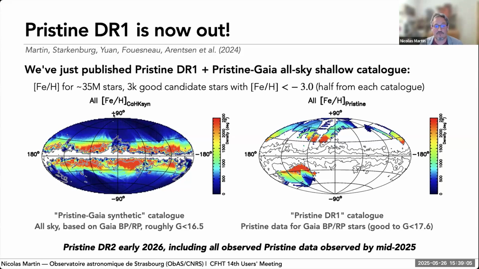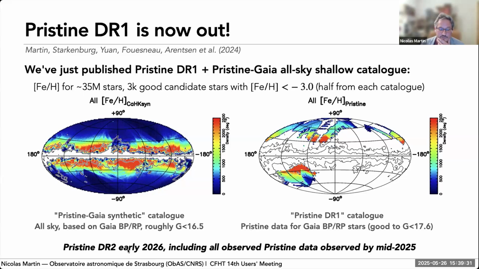So that's what you see here on the left, with the footprint of that Gaia-based Pristine all-sky survey. And for all the stars that are in this survey, we're also providing the much better quality, real Pristine DR1 data. This is all public. There's about 35 million metallicities in this catalog, including a few thousand stars with good candidates with metallicity below -3 that absolutely deserve to be followed up.